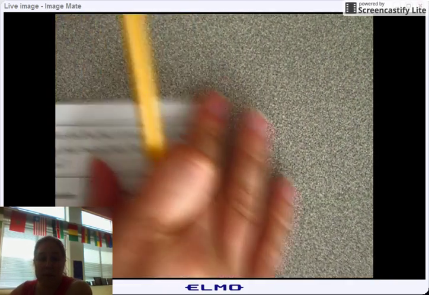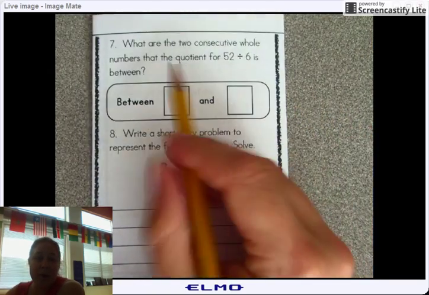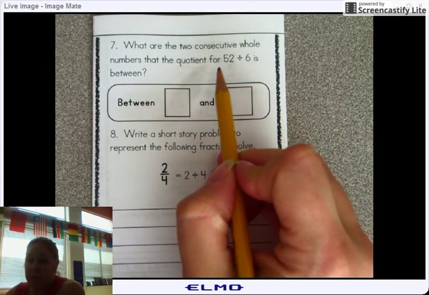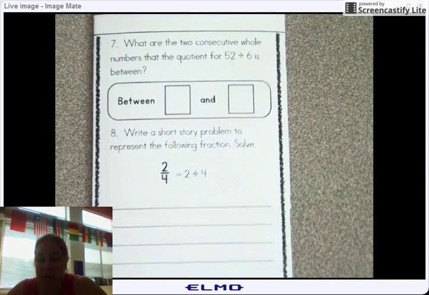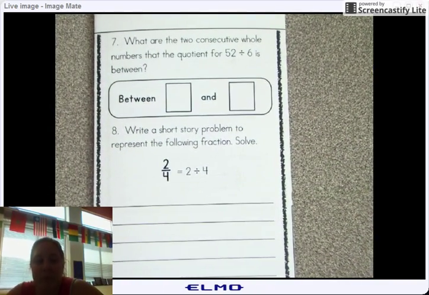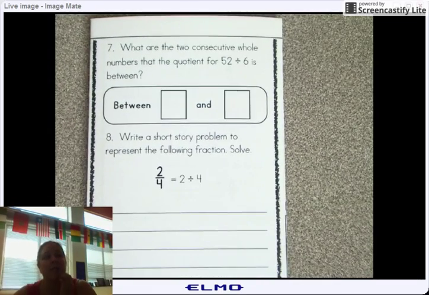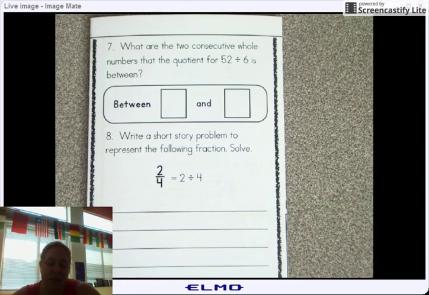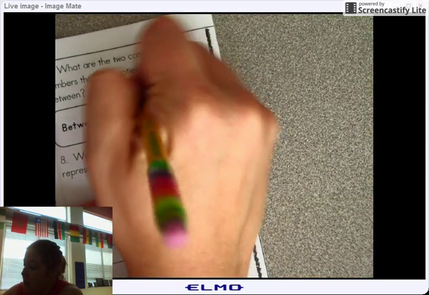And question number 7. What are 2 consecutive whole numbers that the quotient of 52 divided by 6 is between? Consecutive means, once again, side by side. You should have picked it into your Edpuzzle. And all we're doing is taking 52 over 6.